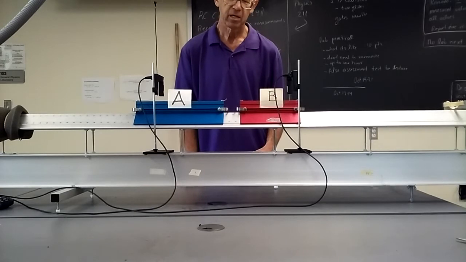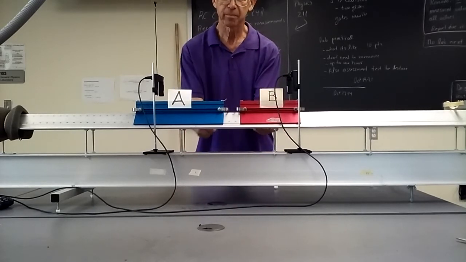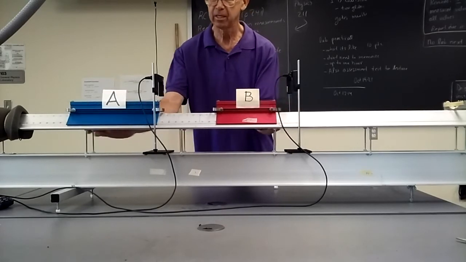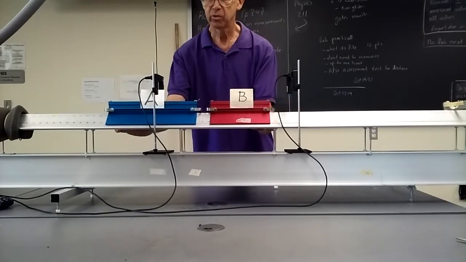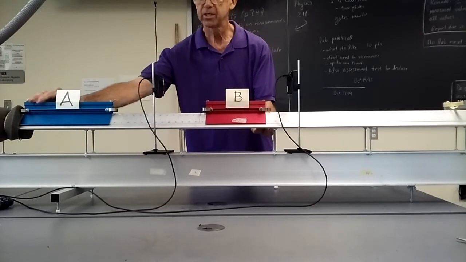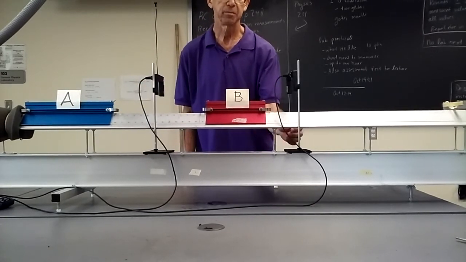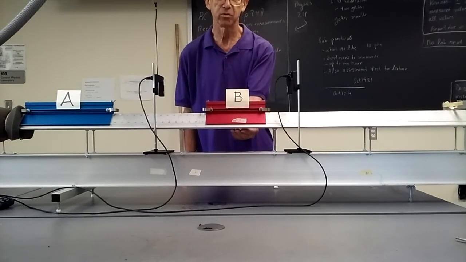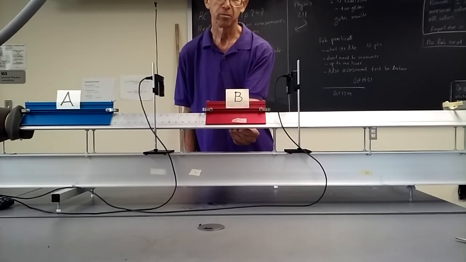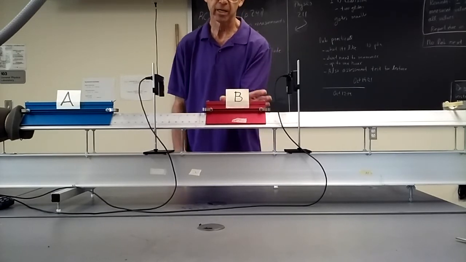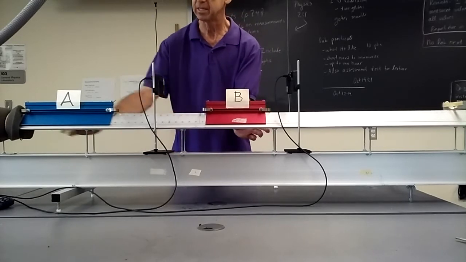Let's say if we weren't very careful about what we were doing and we did this experiment. Let's say I was going to try to do that same collision, and this is a common mistake students make: let's say you start out with the red glider initially not moving, and you put it between the middle of the gates.